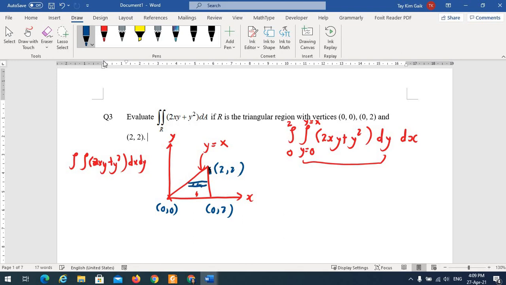When you integrate with respect to dx first, you find the area of one horizontal bar. The horizontal bar enters at x equal to 1, so the lower limit here is x equal to 1, up to this vertical line, which is actually 2.